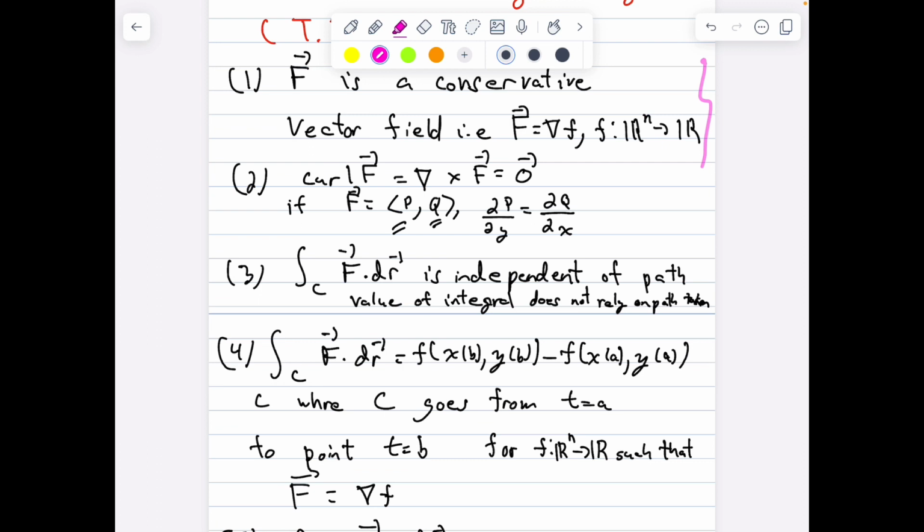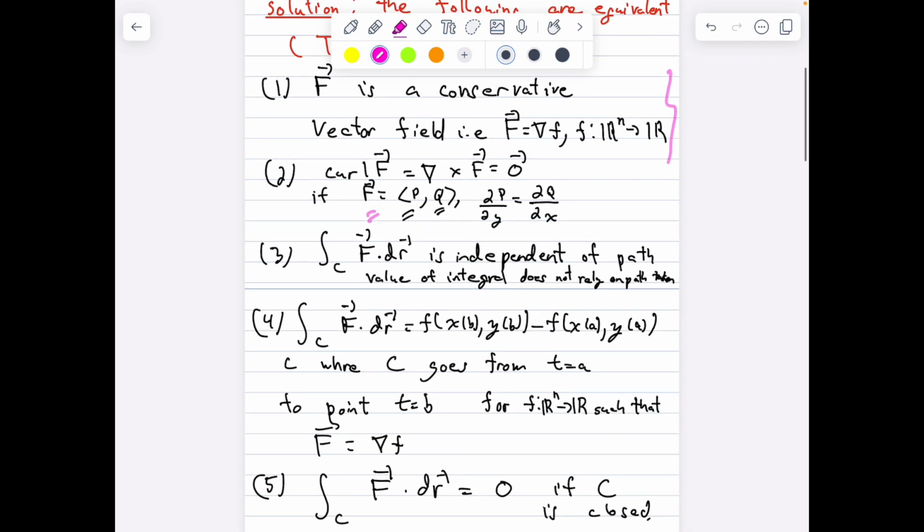In other words, if you have a vector field with two components only, P and Q, made out of 2 variables, x and y, then it's equivalent to saying the partial of the first component P with respect to y equals the partial of the second component Q with respect to x. So that's the second.